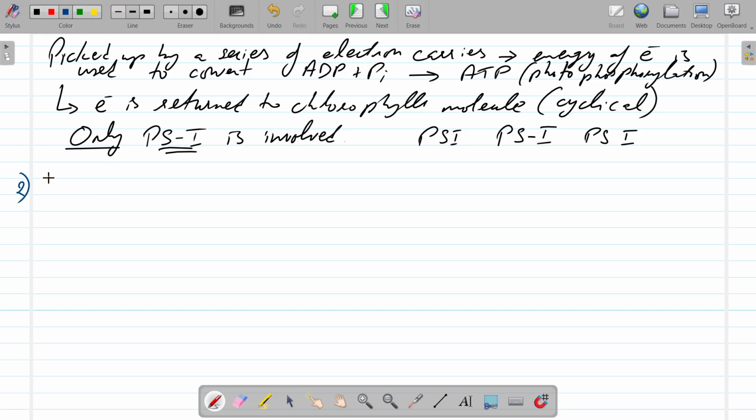One's cyclic, so the other is non-cyclic. Sometimes scientists aren't very creative with their names, and in the grand scheme of things, that's actually a good thing, right? It's very plain and simple.